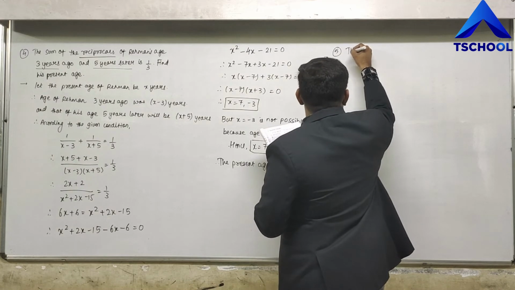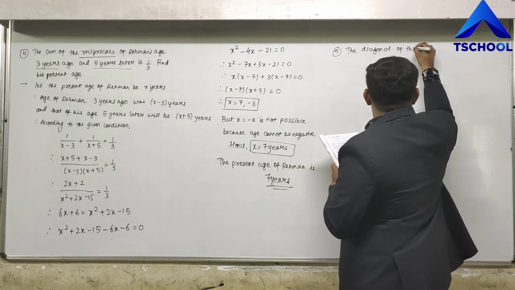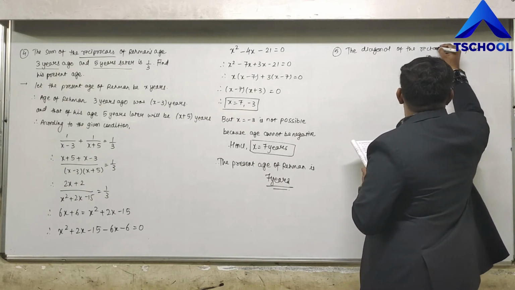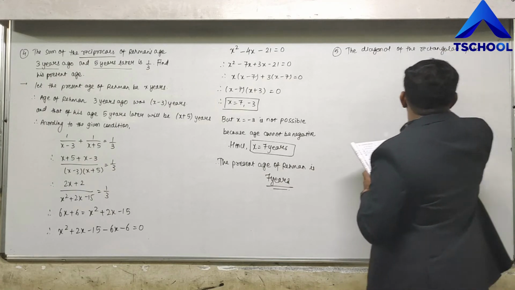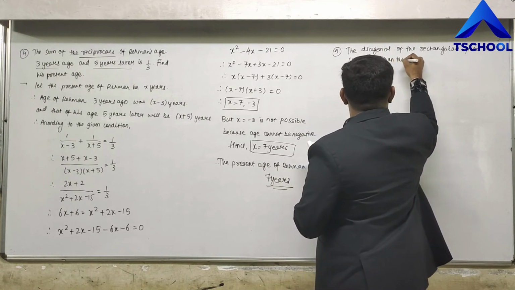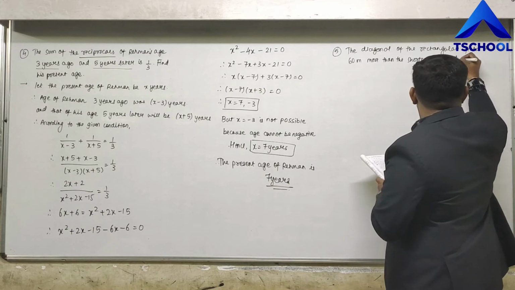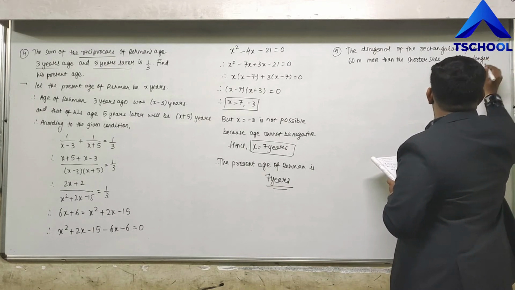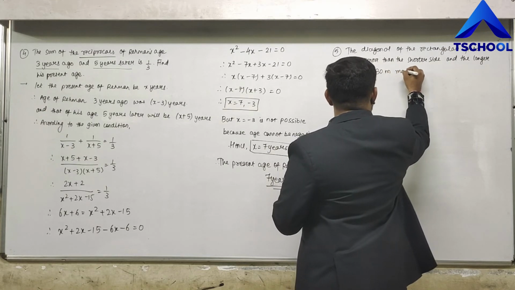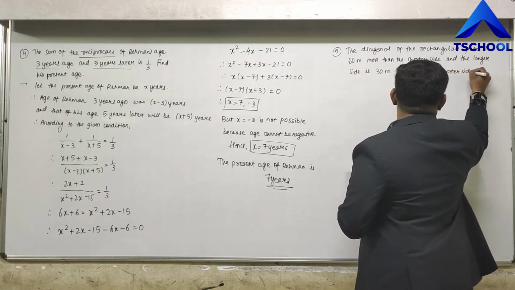Now, it goes like this: the diagonal of a rectangular field is 60 meter more than the shorter side, and the longer side is 30 meter more than the shorter side.